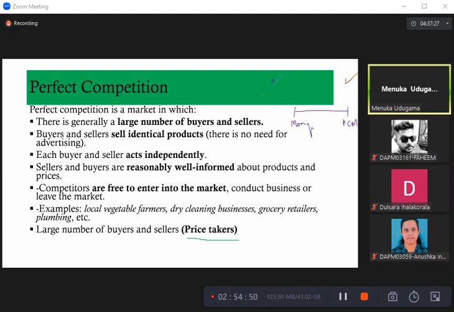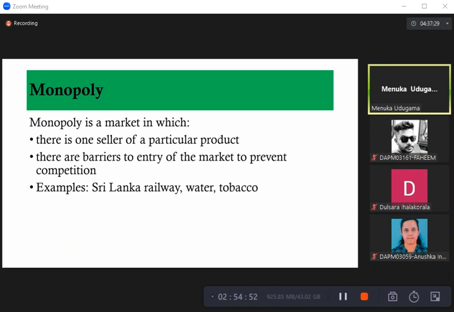Monopoly. So monopoly, okay, read the characteristics and see if you can think of any examples other than the example that I have written here.